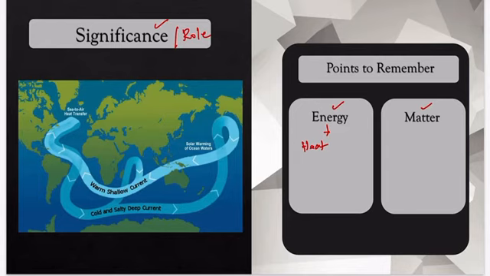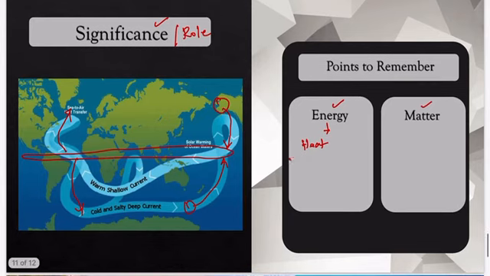So we know that the heat energy from the tropical region is transported to the polar region, and the cold water from the polar region is also transported to the tropical region. This is happening here as well. So thus it balances the energy level of the overall Earth, right? It maintains the heat energy of the Earth's surface. Thus it helps in redistributing energy. That is one point.